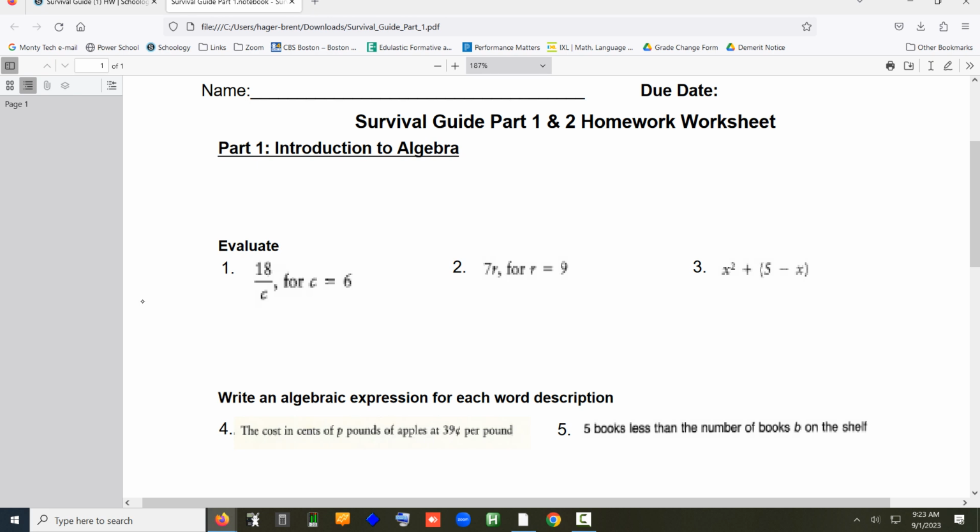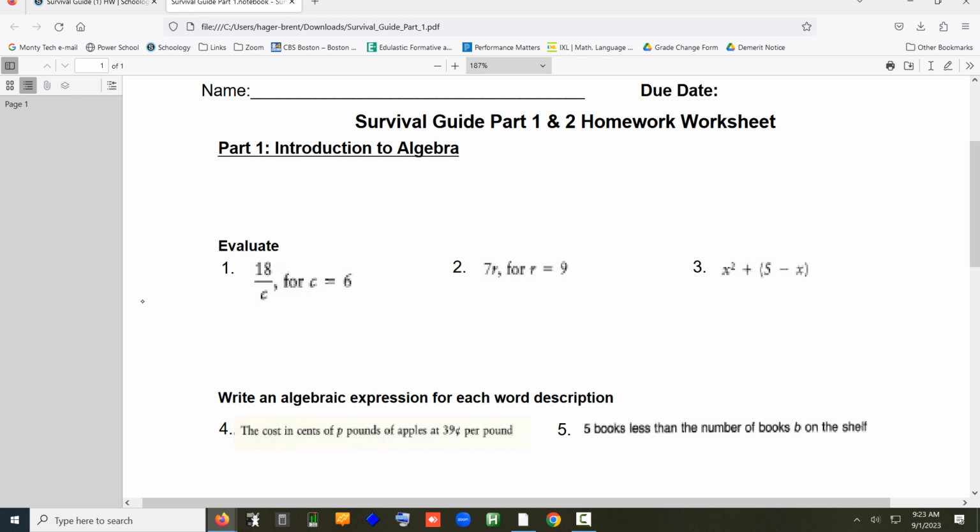So for number one, actually, I'll ask you guys to tell me what you got. Sam, what did you get for number one? 3. Yep, 3 is correct. Number 2, how about Eli? What did you get for number 2? 7R, where R equals 9. When you plug 9 in for R, what did you get? 63.